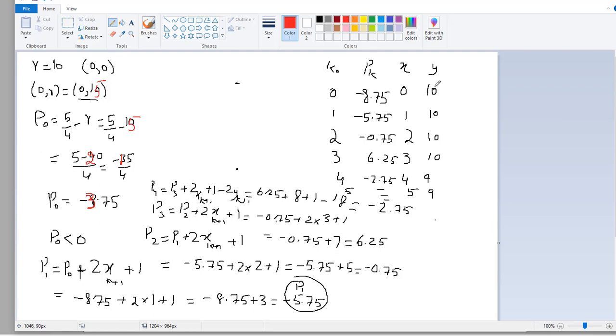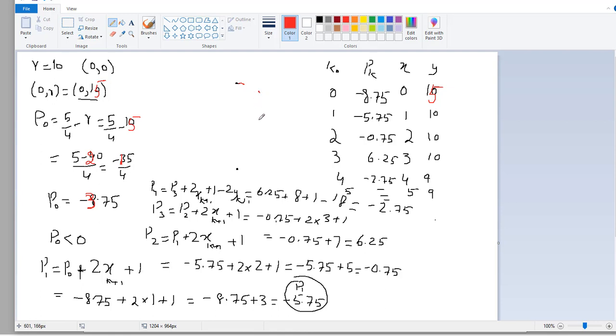The first point will be (0, 15) because my first point is (0, r). After 15, the next will be maybe 14, then 13, something like this, and x will keep increasing. If we draw these, at the end I will get this point for the first quadrant.